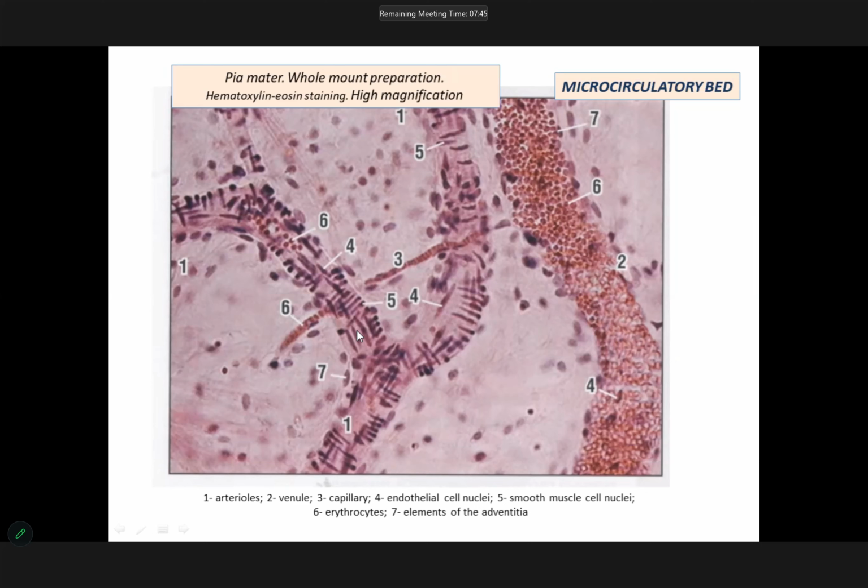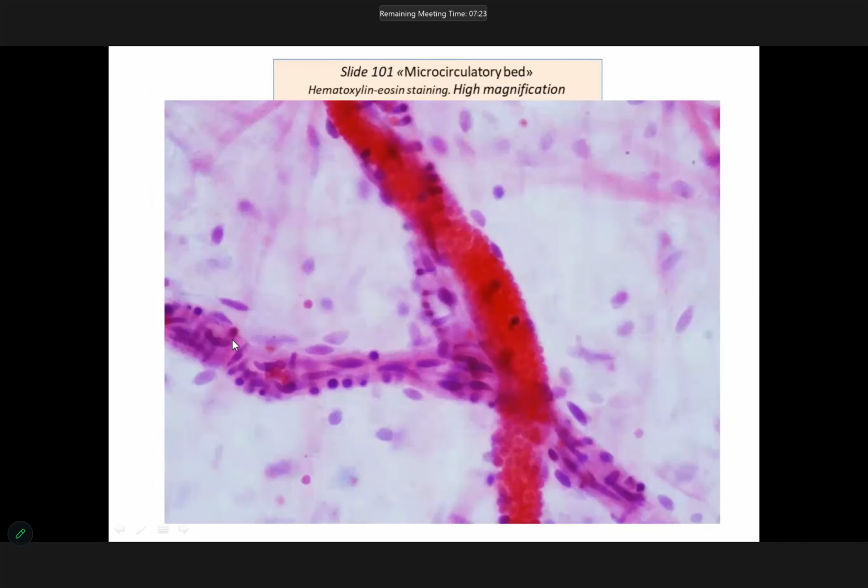These are endothelial cells. In the venule, we can see only longitudinally located, elongated endothelial cells and sometimes pericytes. The capillary is the smallest one, and its lumen is equal to one erythrocyte. Arteriole: endothelium, elongated along the long axis.